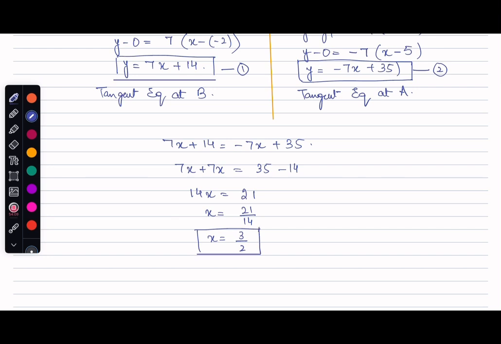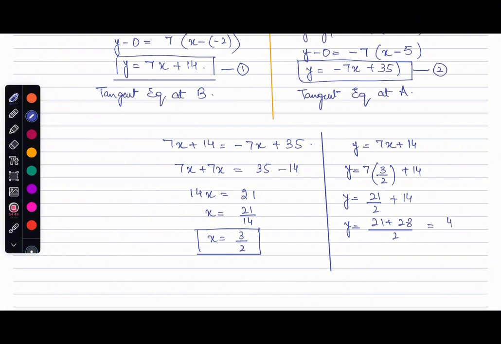Meaning the two tangents are meeting each other at point C, where the x coordinate of C here is 3 by 2. To get the y coordinate, I can just substitute this x in either of the two equations. If I substitute in y equals 7x plus 14, then y equals 7 times 3 by 2 plus 14, or 21 by 2 plus 14, or y equals 21 plus 28 divided by 2, which becomes 49 by 2.